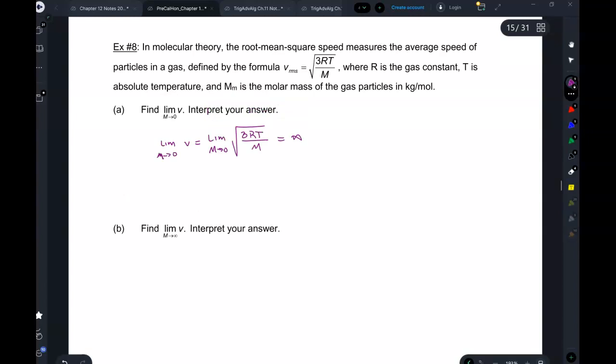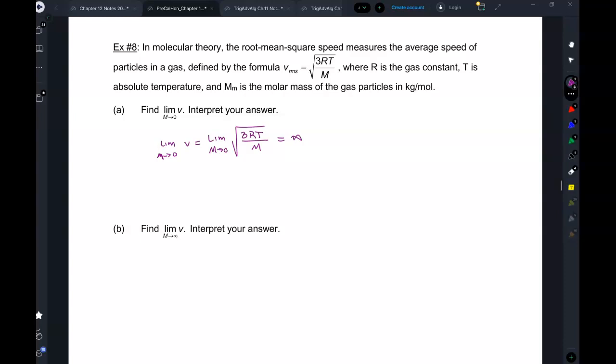Okay, so interpret your answer. So what would you say? As the mass approaches 0, and what is v? Speed. The average speed.